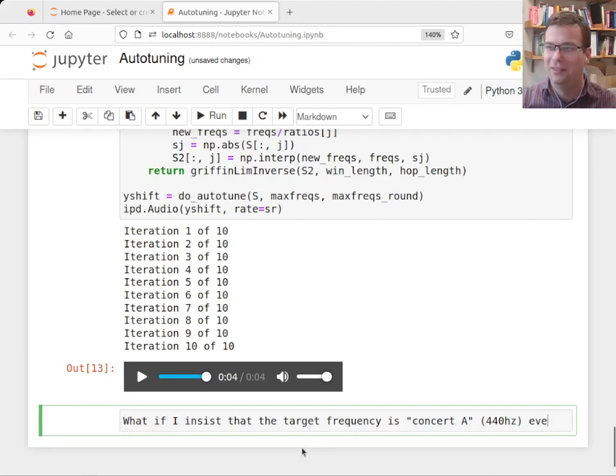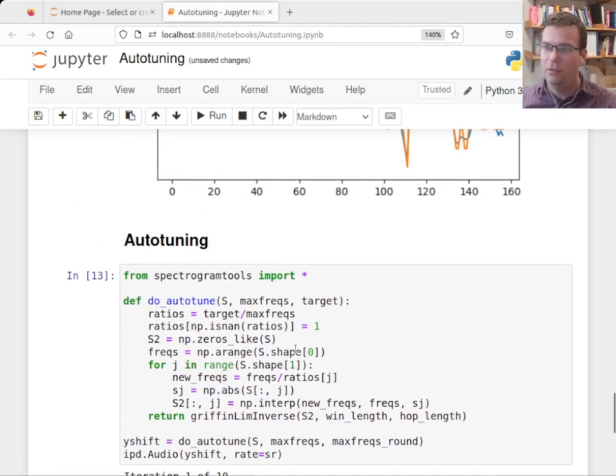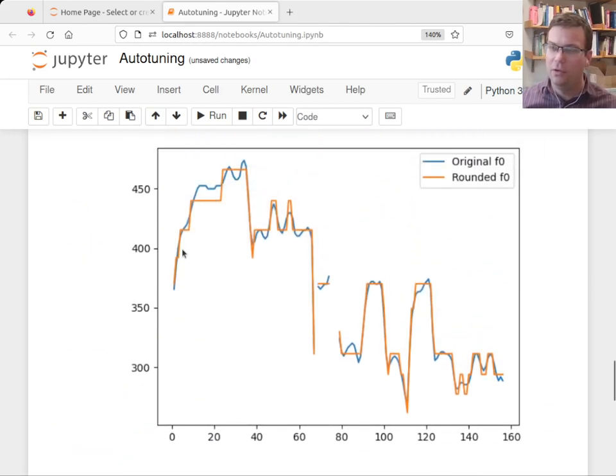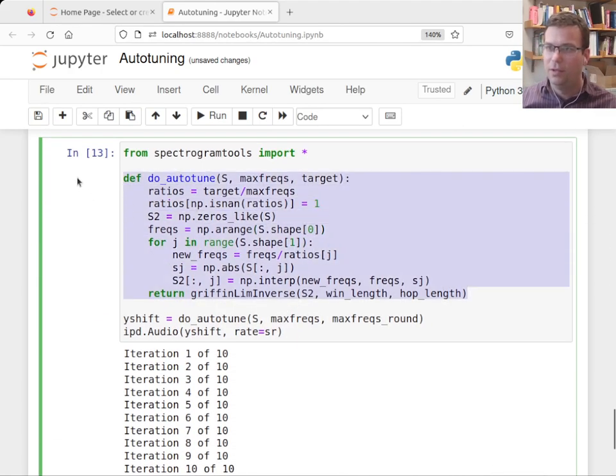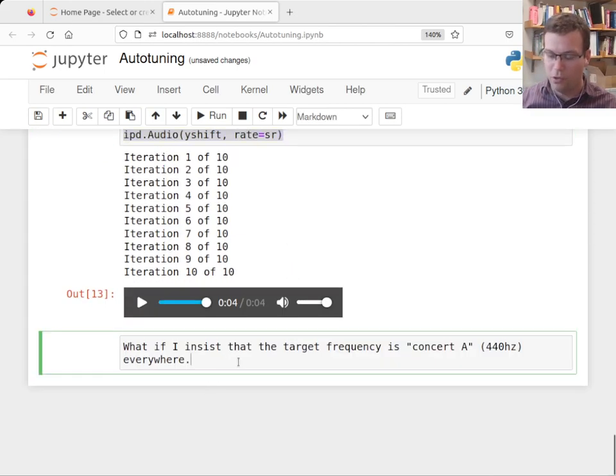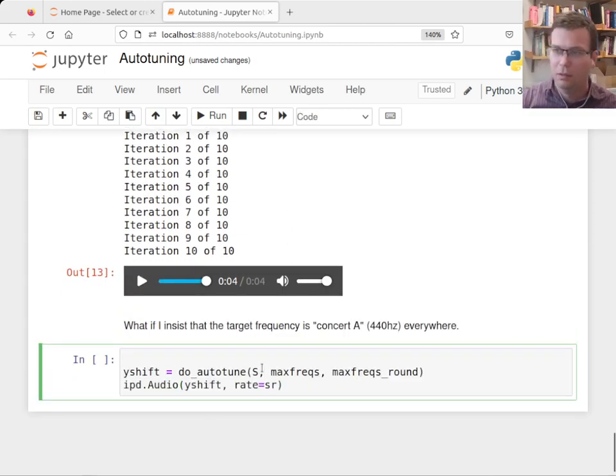So instead of passing along this orange curve, I'll just pass along a curve that's flat 440 the whole way through. So let's listen to that. I'll say 440 times np.ones, and I'll make as many ones as there are max freqs. Let's see what that sounds like.